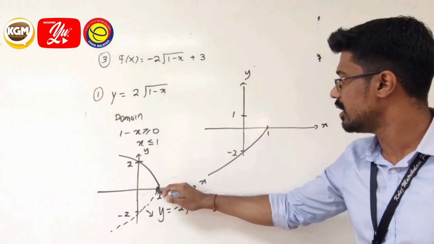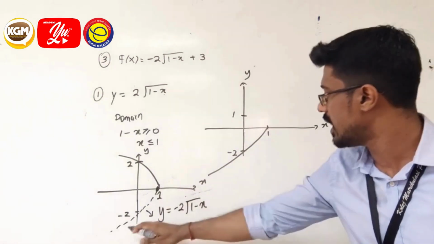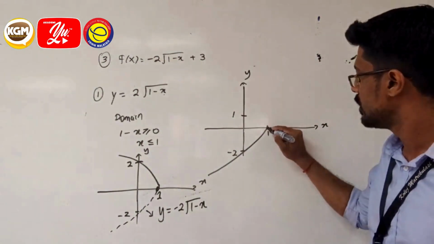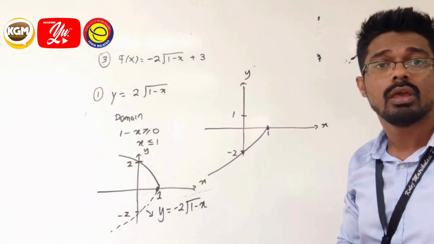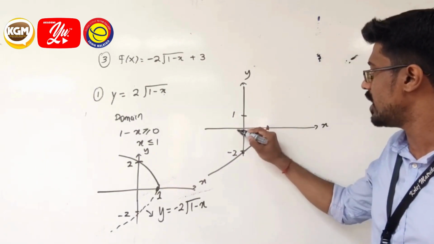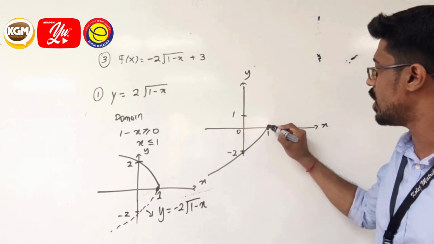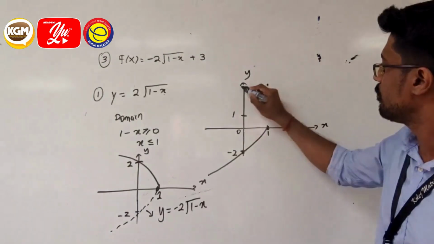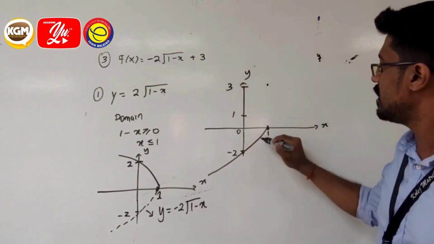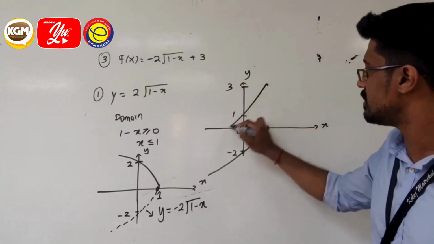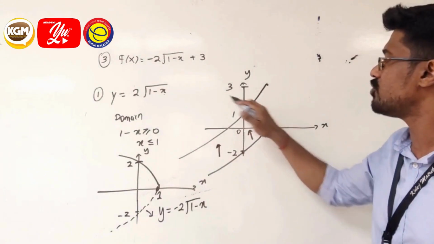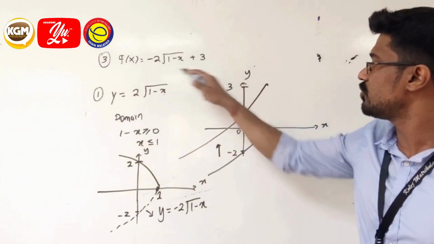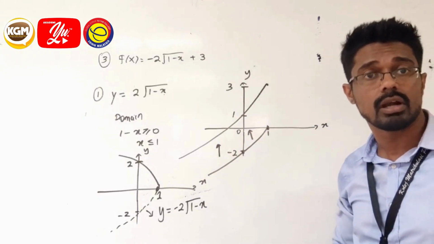And then this point here, where y is 0, is also going to go up by 3 units, so I'll be here. So your final graph is going to be this, meaning it has been shifted upward by 3 units. For this function, this is going to be the final graph.